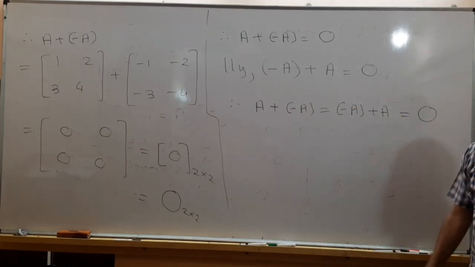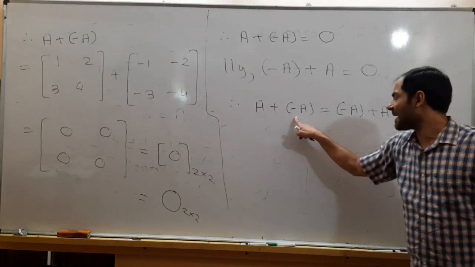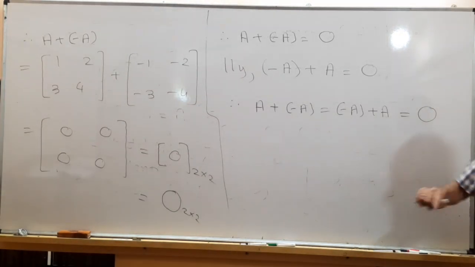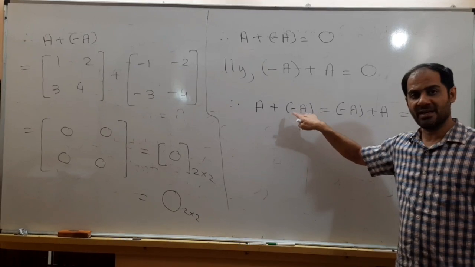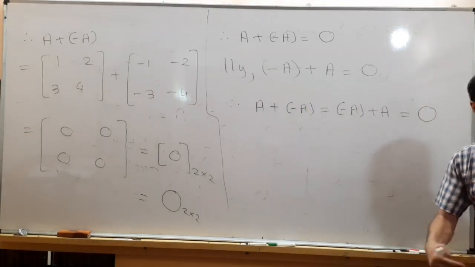This is obvious for you. A plus minus A gives me the additive identity, and minus A plus A gives me the additive identity. Therefore, minus A is called the additive inverse of A, or minus A is called the negative of A.